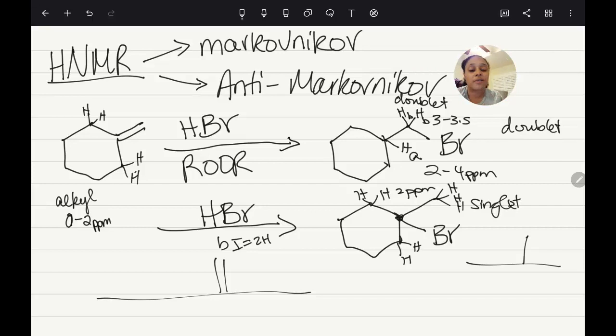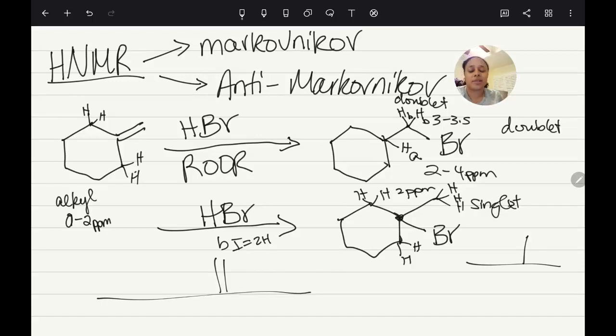So that's a good way of trying to solve these kinds of problems when you see them: look at what is characteristically different that could give us a multiplicity difference, an integration difference, or a shift difference, and this is a good example of one.